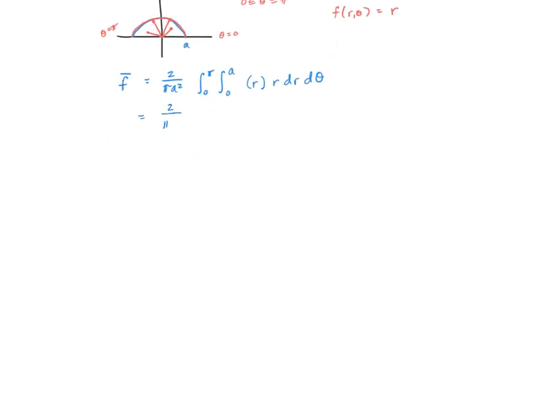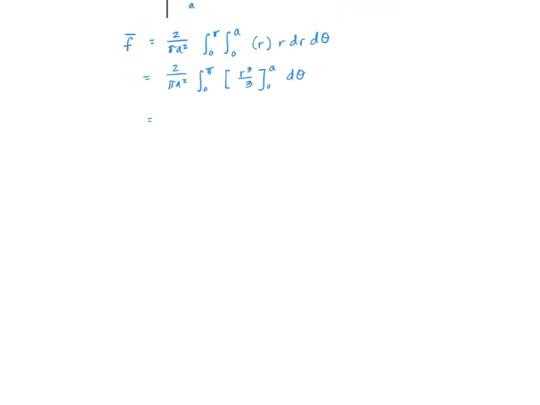So 2 over pi a squared, integral from 0 to pi. This r times r is r squared, which becomes r to the third over 3, evaluated from 0 to a, d theta. Plugging in a, in fact, I'm going to pull out the 1/3 and write this as 2 over 3 pi a squared.